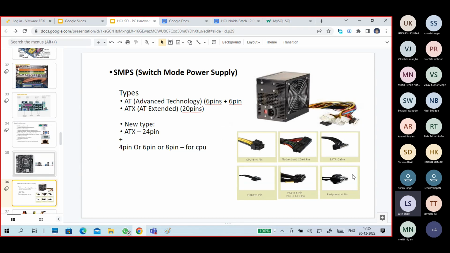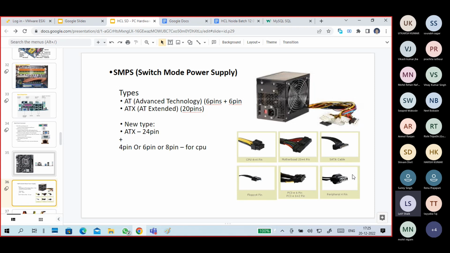Guys, this is an SMPS, switch mode power supply. ATX type of connectors, AT is Advanced Technology.